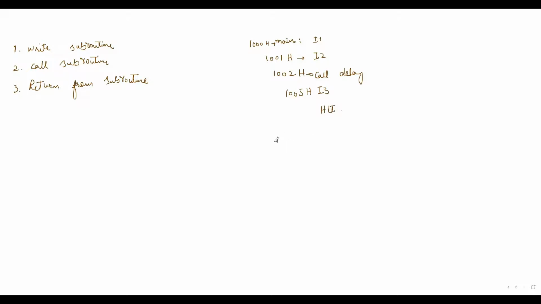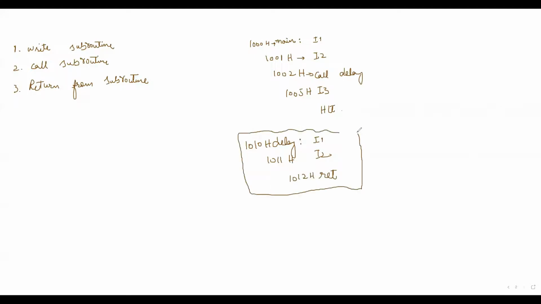Now my delay is here. Let's suppose it has instruction 1, instruction 2, at addresses 1010H and 1011H, and then we have return at 1012H. Return instruction.